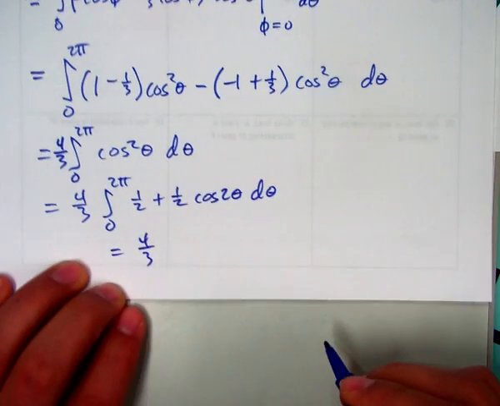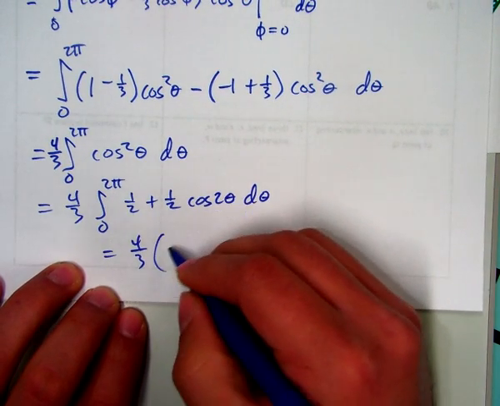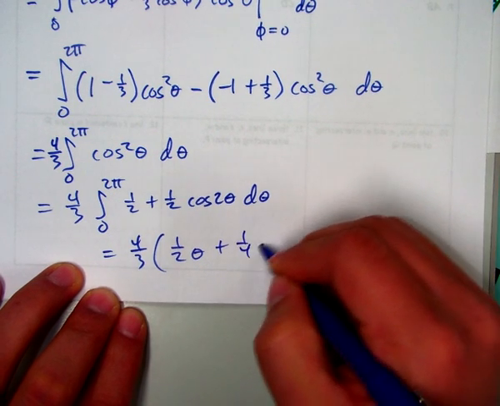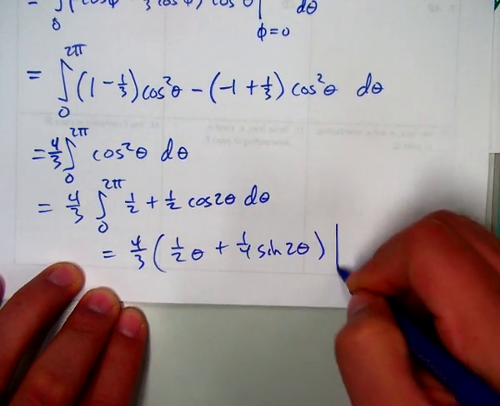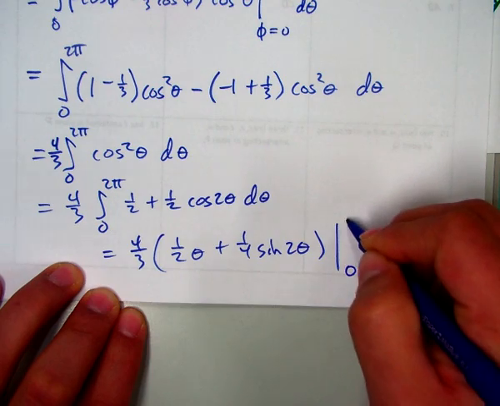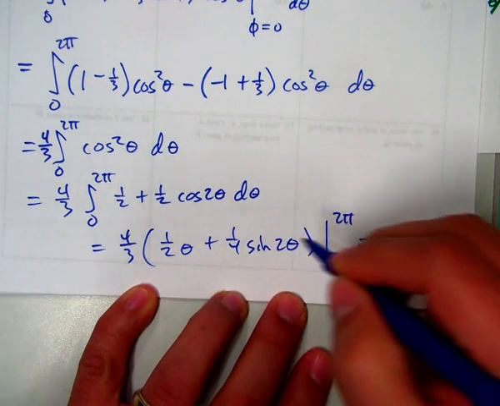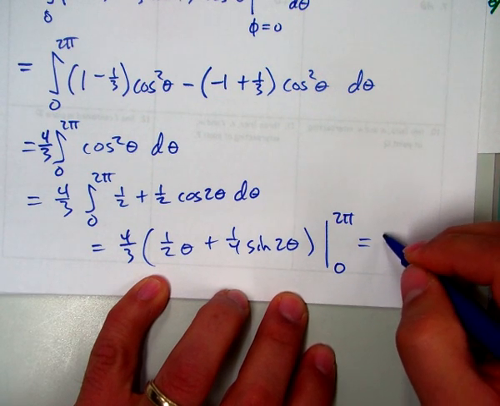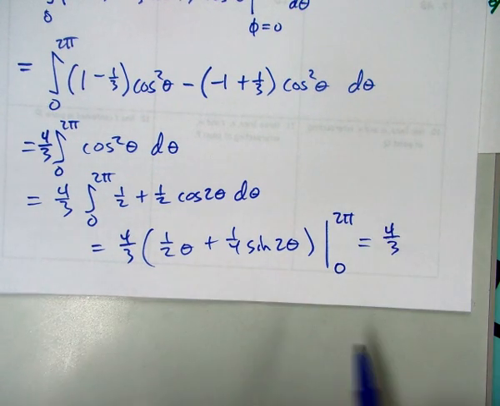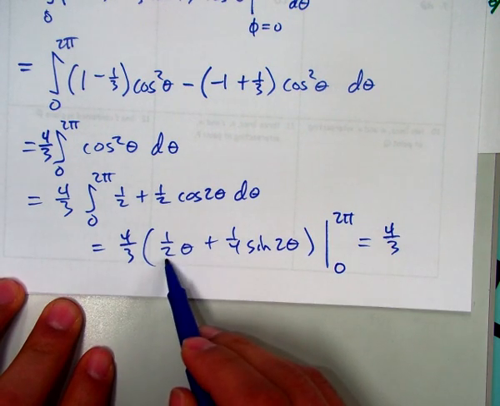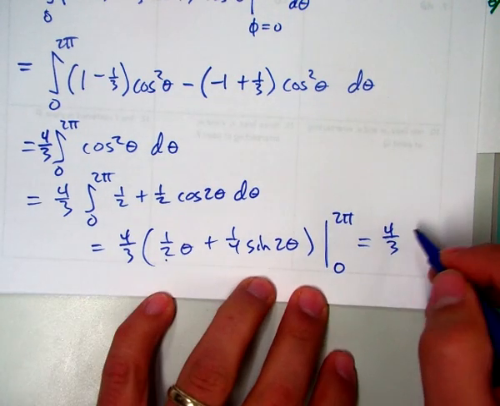So this becomes 4/3 times the quantity 1/2 theta plus 1/4 sine 2 theta, evaluated from 0 to 2 pi. That's just going to give us 4/3, canceling out the sine term, but 1/2 times 2 pi is pi. So 4/3 times pi.